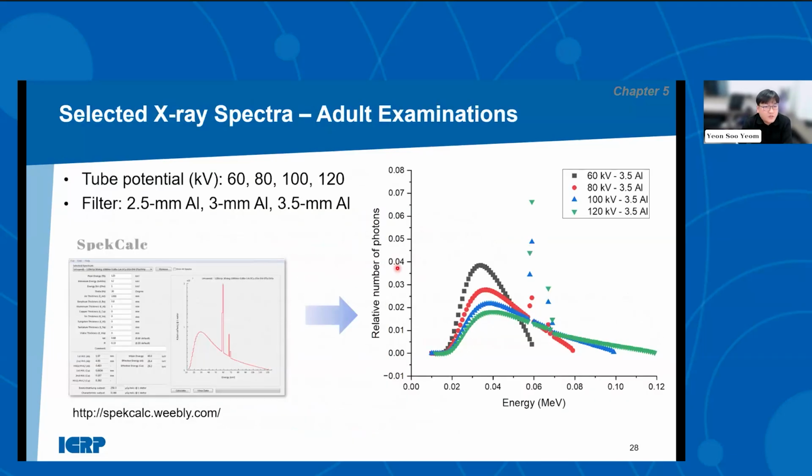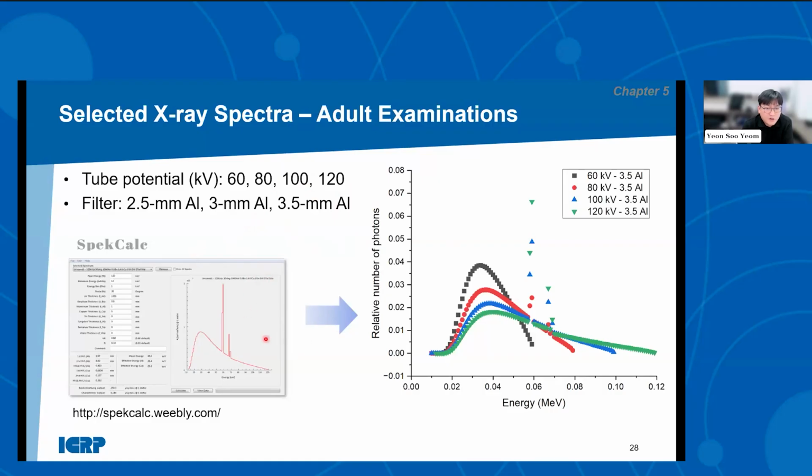For adult examinations, we selected X-ray spectra depending on 4 different tube potentials, combined with 3 different aluminum filter thicknesses. These X-ray spectra apply to all other examinations.